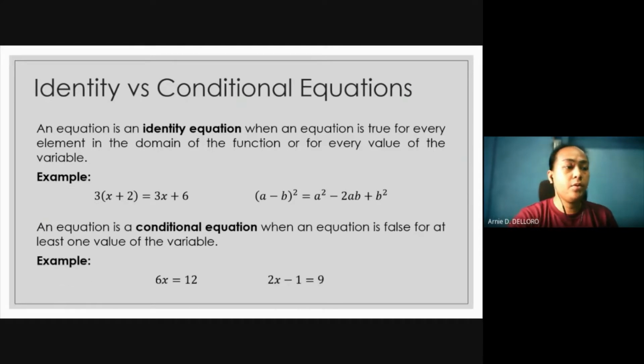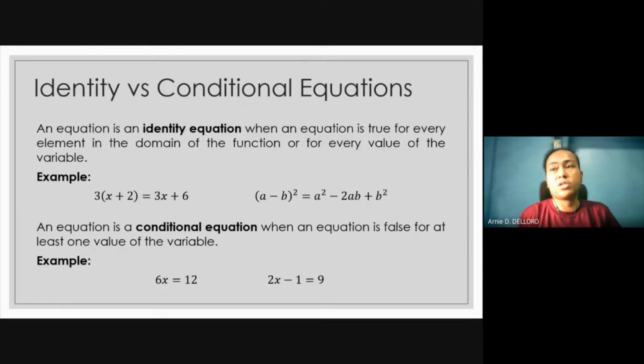So, for example, we have 6x equals 12. The specific value of x that will satisfy this is 2. Okay? If the value of x becomes 3, it no longer satisfies 12.